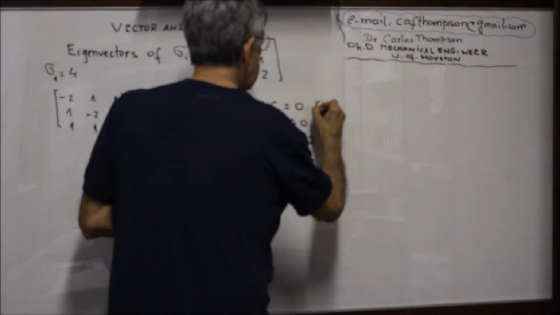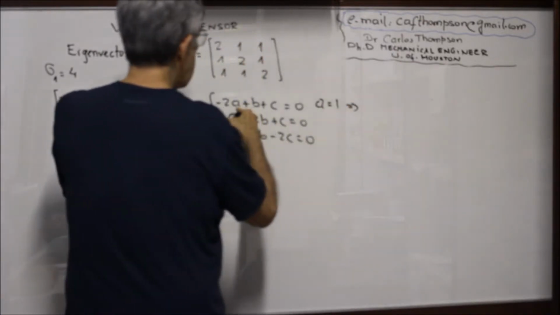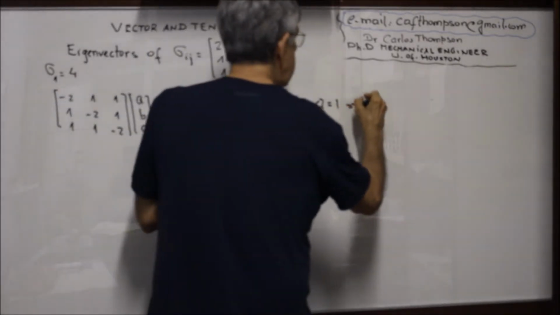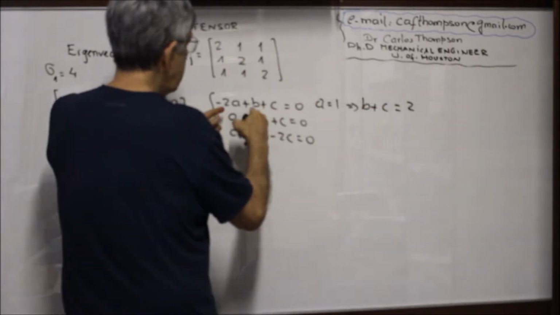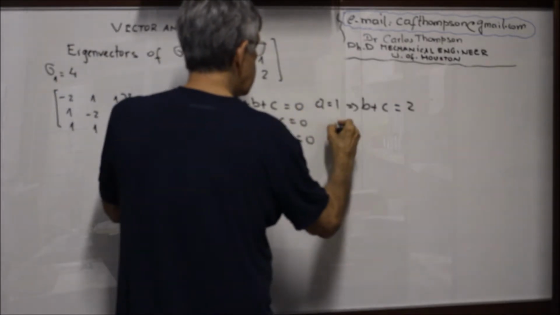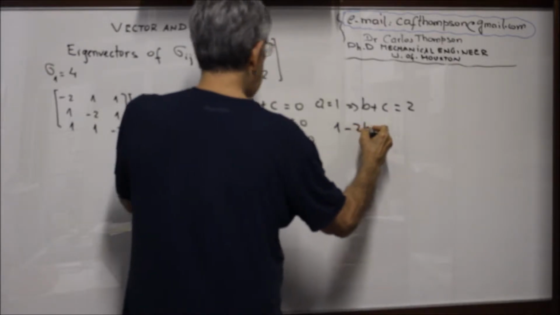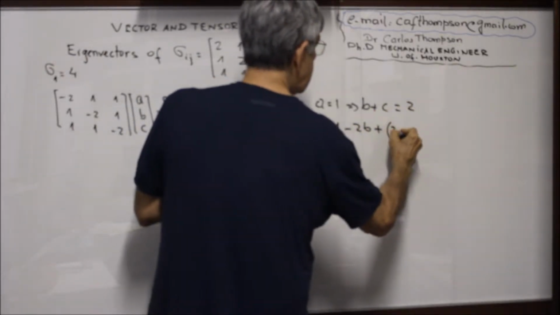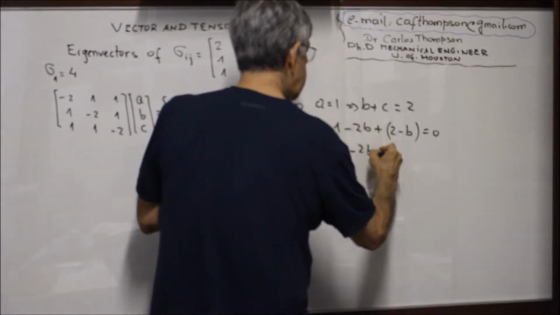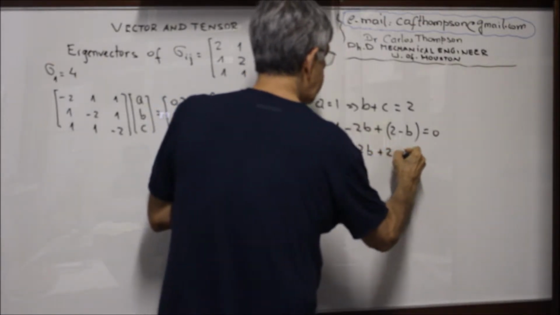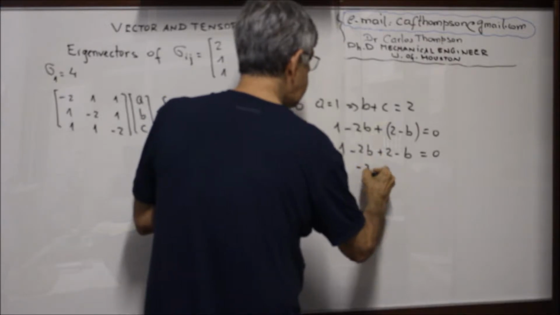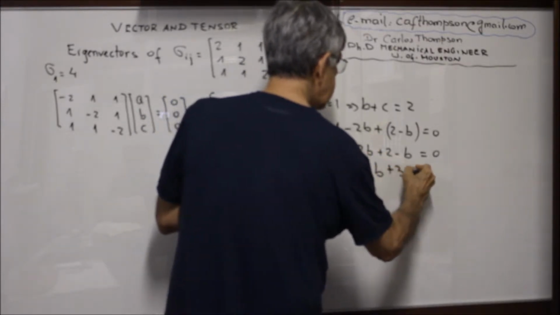So let's plug in a equal to 1. Then b plus c is equal to 2, so c is 2 minus b. Substituting, we have 1 minus 2b plus 2 minus b equal to 0. So minus 3b plus 3 is equal to 0.